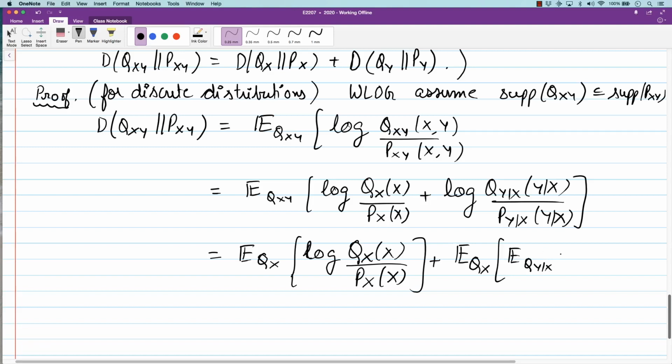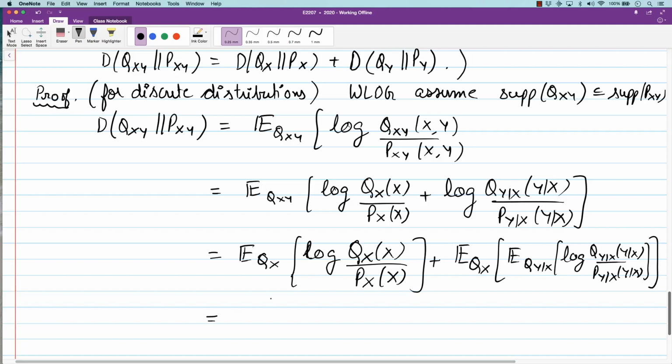This is the conditional expectation given x under q of log of q of y given x by p of y given x. This notation is a bit ugly, but what I'm saying is the expectation of this guy can be written as the expected value of the conditional expectation, and the conditional expectation is with respect to q of y given x, and the outer expectation is with respect to qx.